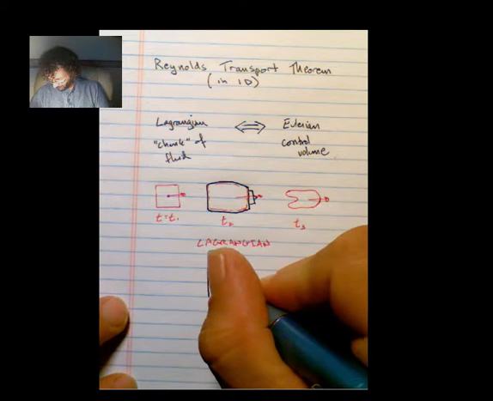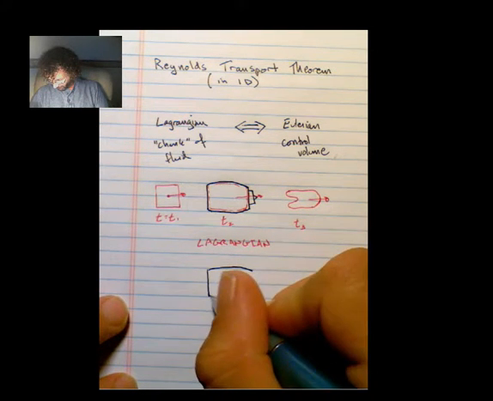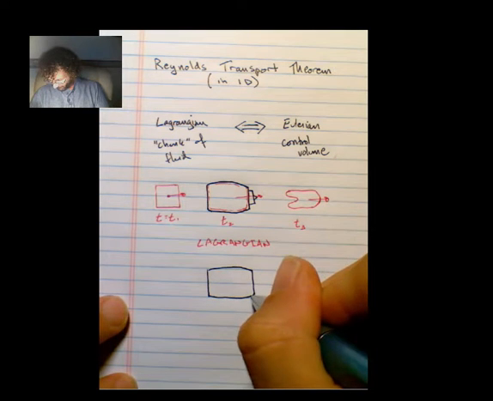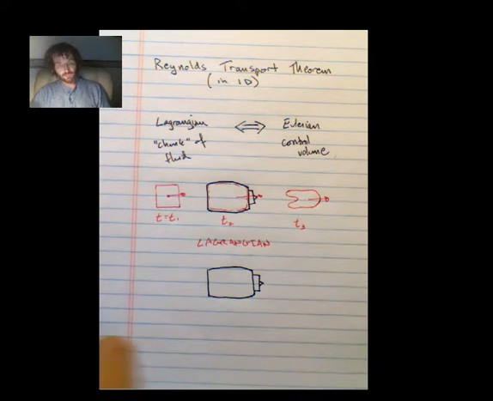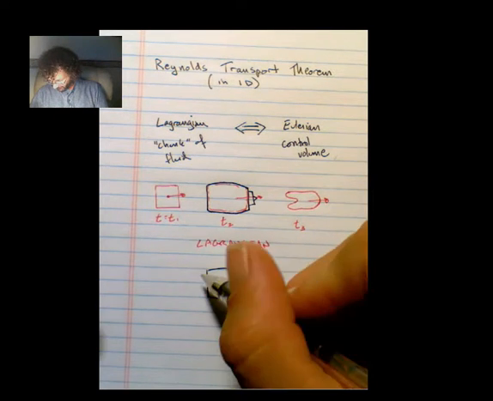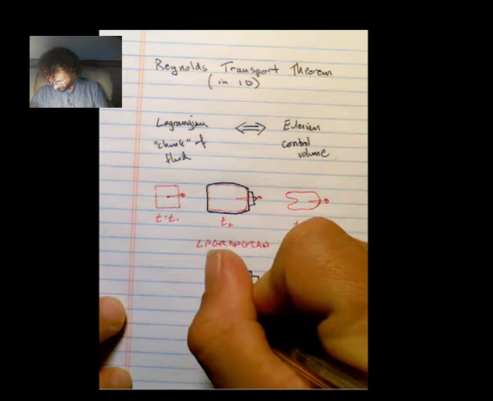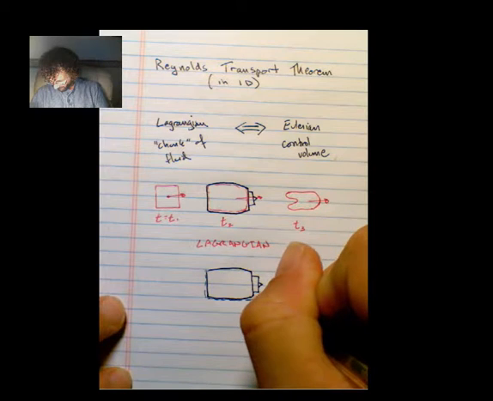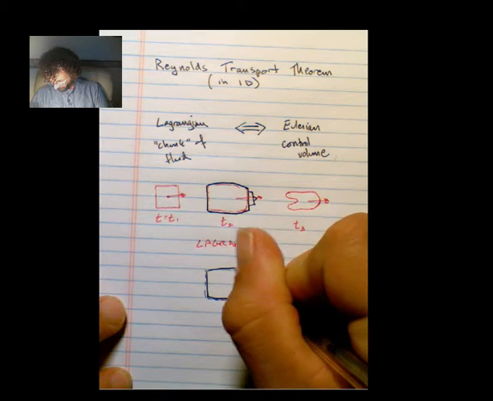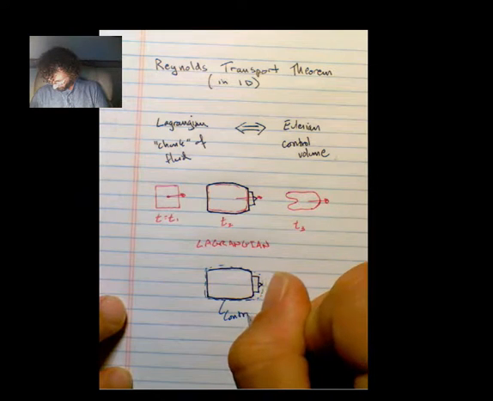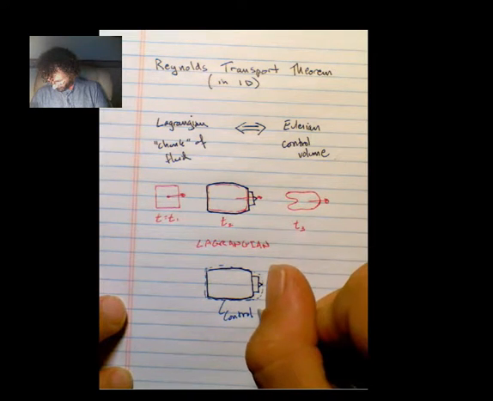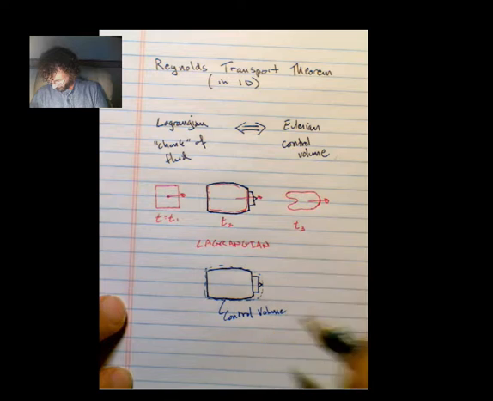And so this is the Eulerian perspective here, where you focus on the region of interest, and that would be the engine, and we're going to draw what's known as a control volume around it.